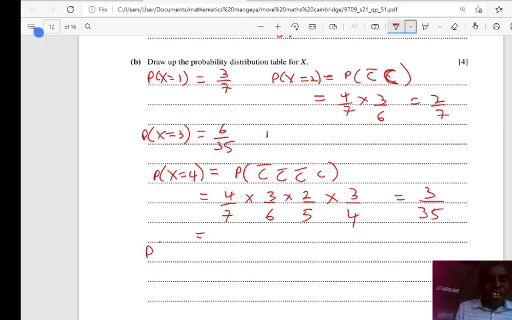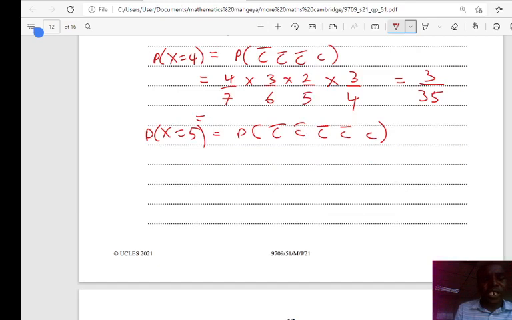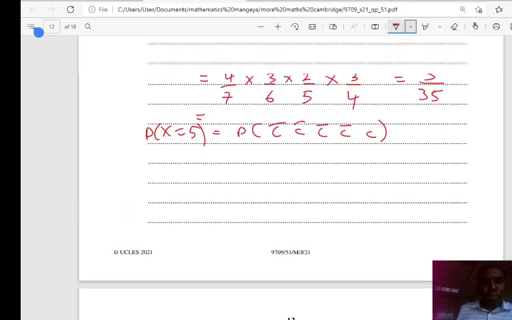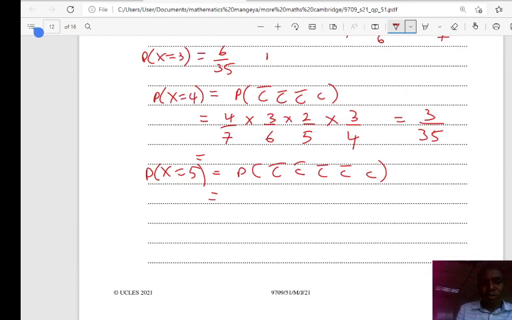Then the last one, probability of X is equal to 5 tins. This one will be the probability of no carrot, no carrot, no carrot, no carrot, then carrot. The fifth one will be carrot. Then here it will be no carrot is 4/7 times no carrot 3/6 times no carrot 2/5 times no carrot 1/4 times carrot, the 3 remaining over 3.